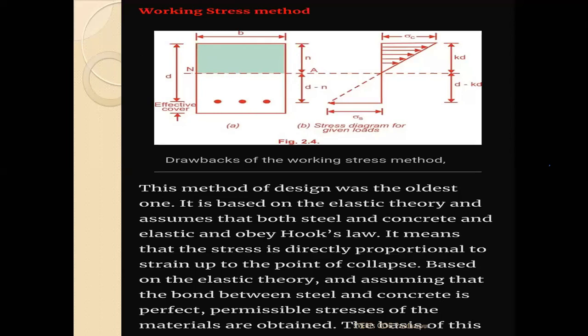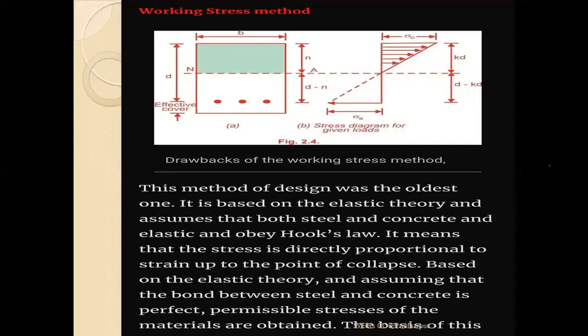So this method basically assumes that steel and concrete always obey Hooke's law, that is, stress is directly proportional to strain. That is your Hooke's law. It is always obeyed by steel and concrete up to the point of collapse or failure. But in actual practice, that is not the case.